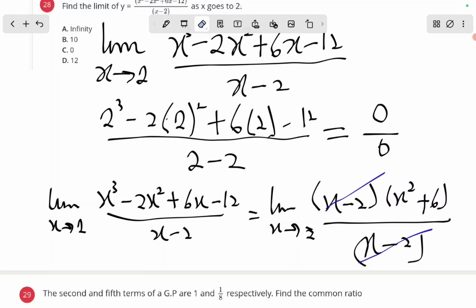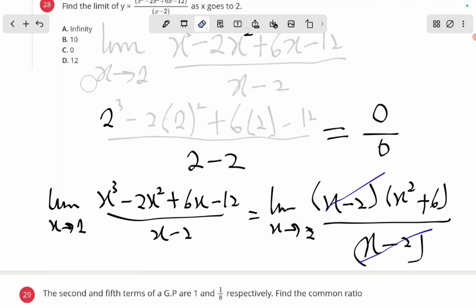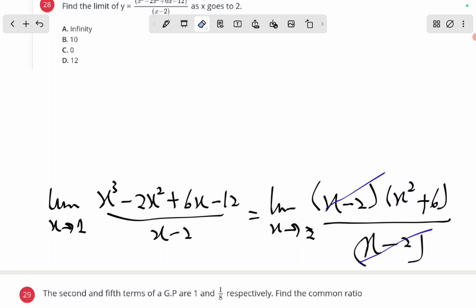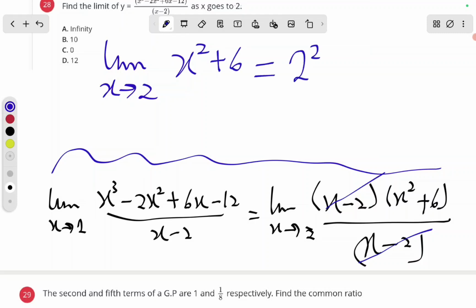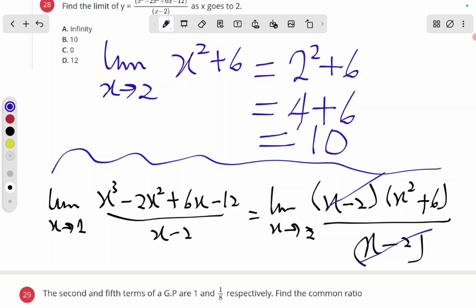So we are left with the limit as x approaches 2 of x squared plus 6, which is the same thing as 2 squared plus 6, because whenever you have x, you put the value 2. So this is 4 plus 6, and our final answer is 10. That is option B.